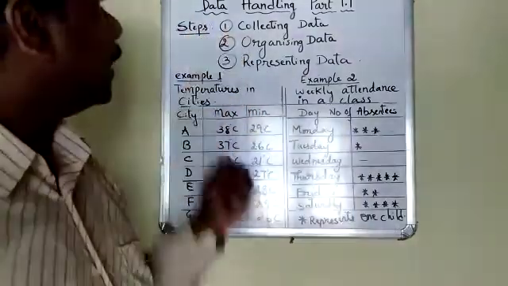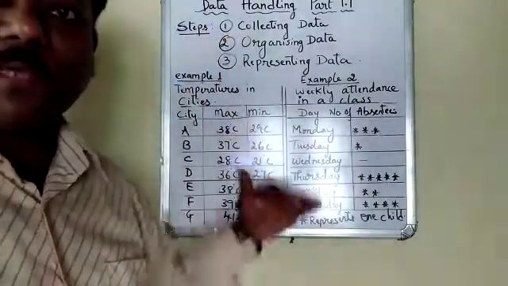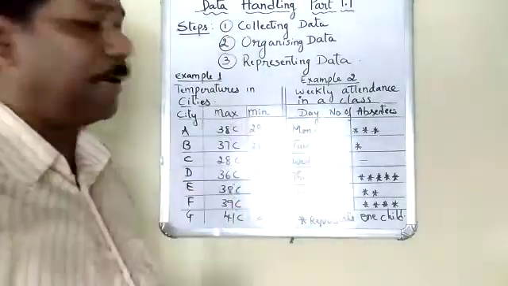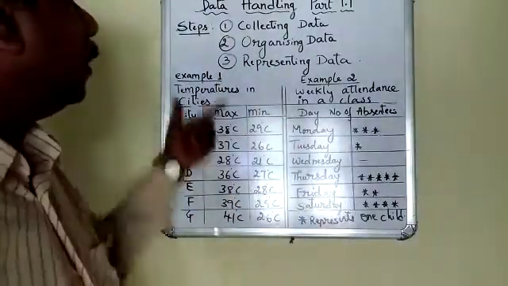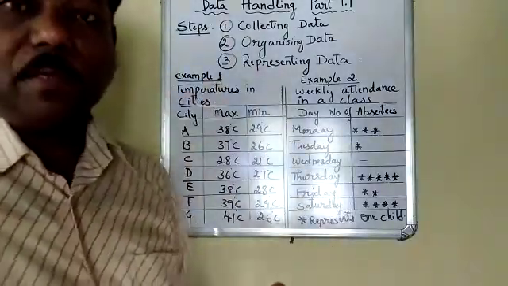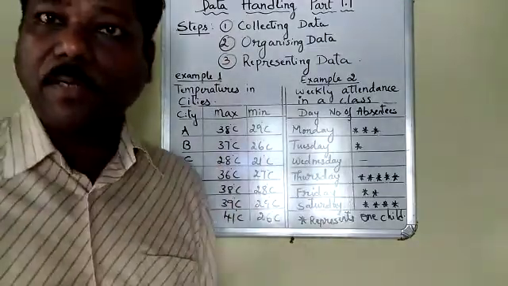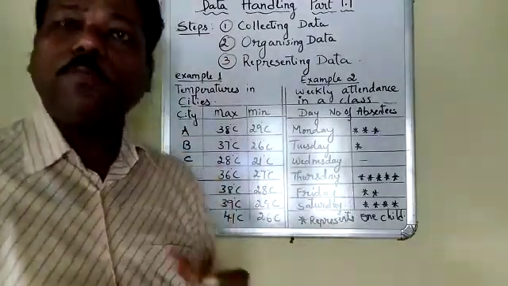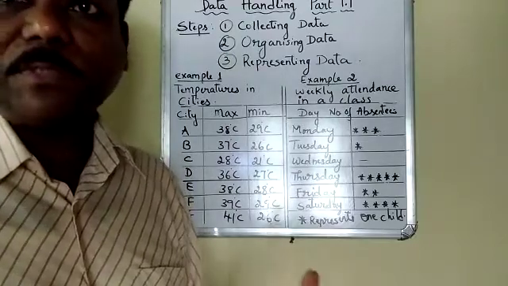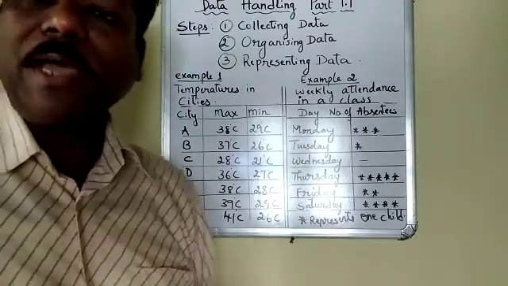So let us understand the three different steps. The three steps are collecting data first of all, second is to organize the data, and the third one is to represent the data. Now I want to find the temperatures of some cities. So what would I collect?